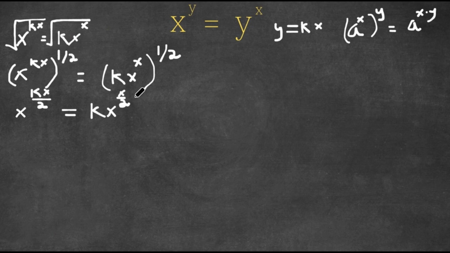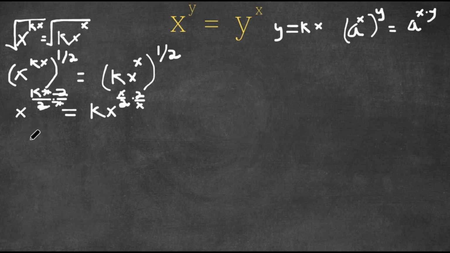Now what I'm going to do is raise both sides to the power of 2 over x. So I'm going to take the power of 2 over x on both sides, and that means that we multiply 2 over x to both exponents. Now for this, these two would cancel out and these x's would cancel out.